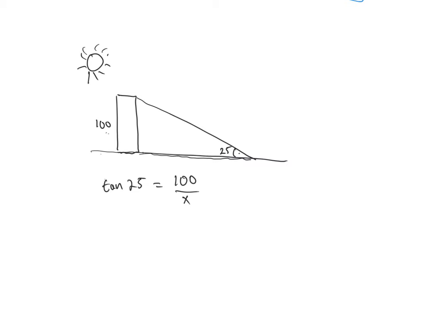Solve for x. X equals 100 divided by tangent of 25. Punch that in, and I get 214. We want this in 2 decimal places, 214.45 feet. And that's our answer for that.